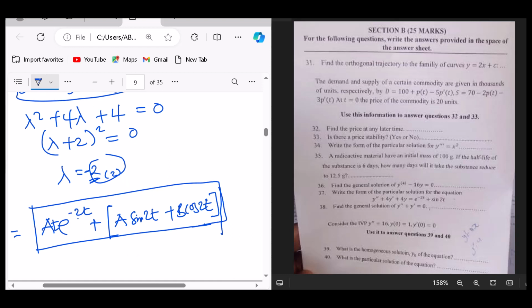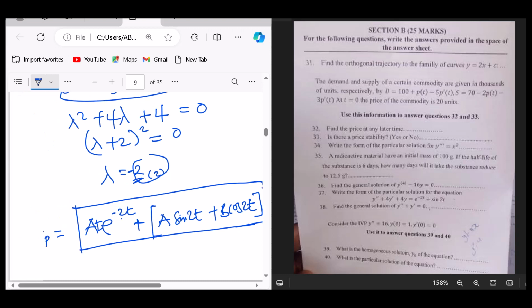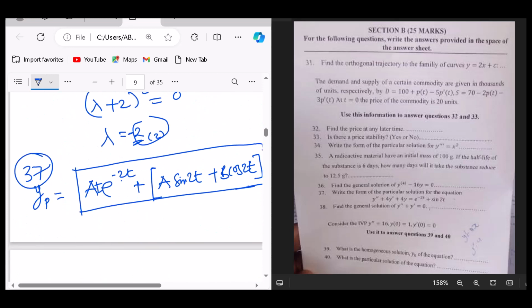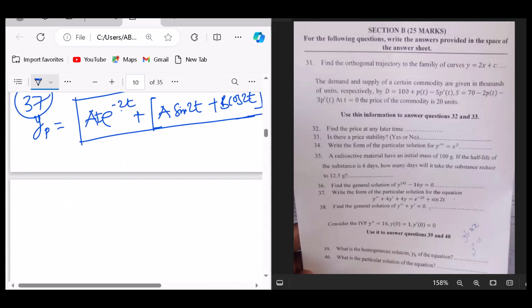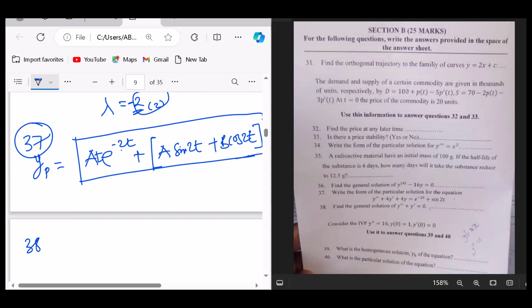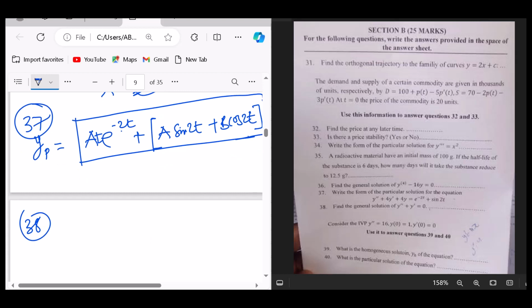Now 38. So this was 37 actually. What are they saying we should do? Find the general solution of y prime prime plus y prime equals 0.